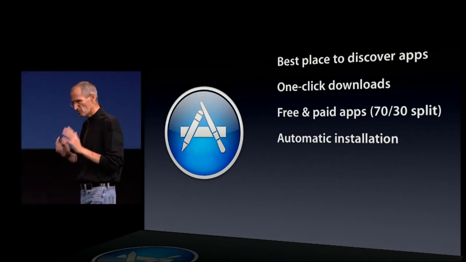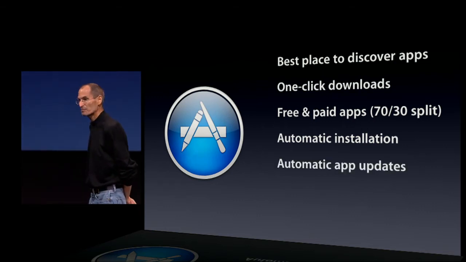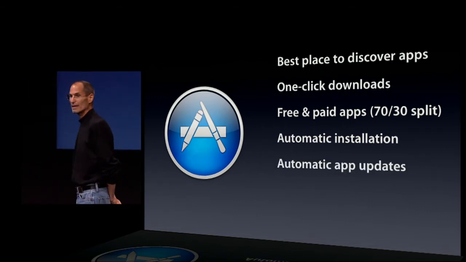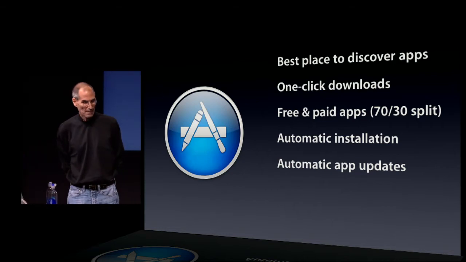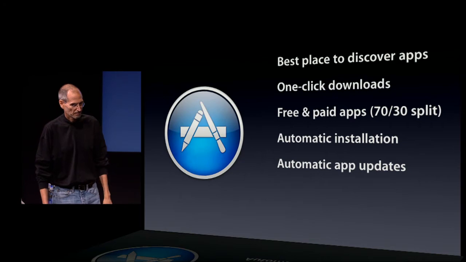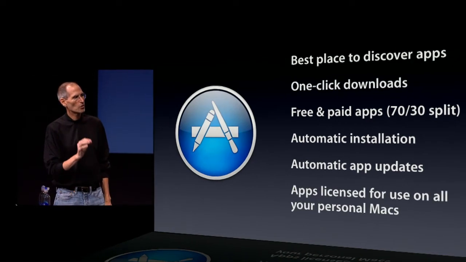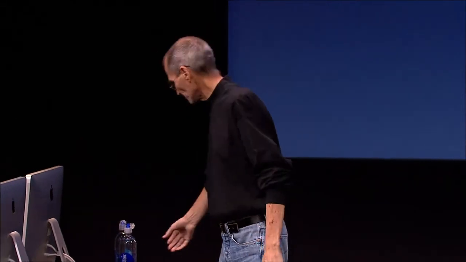The apps will just download and automatically install. And automatic app updates, just like the iPhone and the iPad. So when apps update, you'll be notified. One button, you can update all the apps. And the apps will be licensed for use on all your personal Macs. So we're making it very simple.